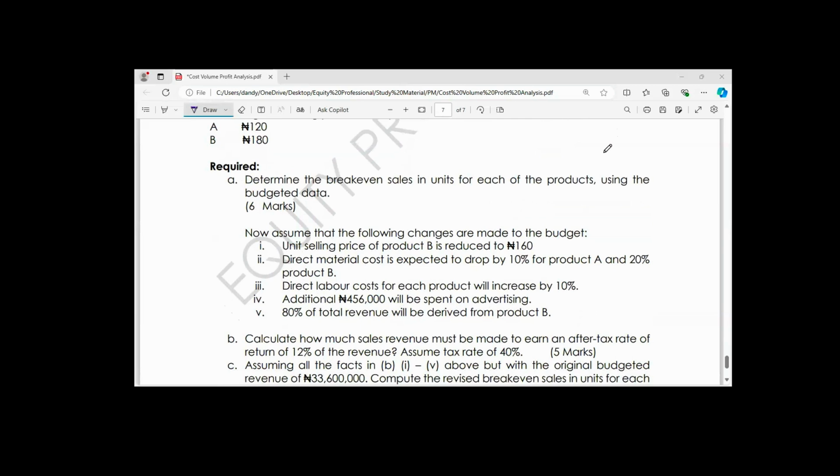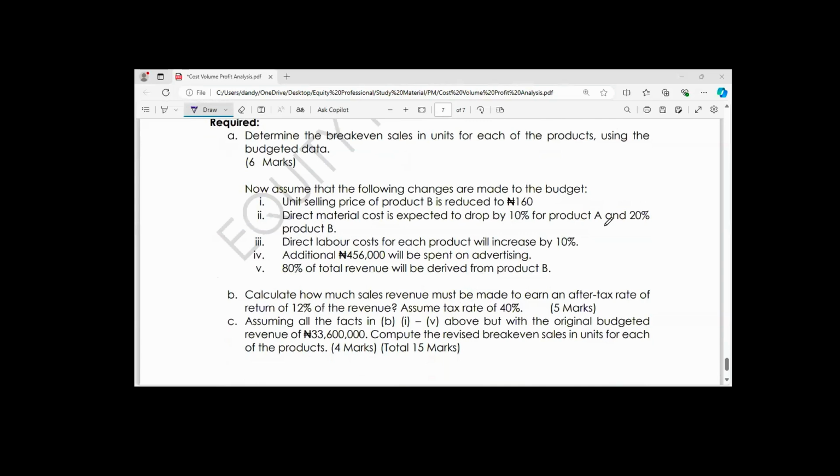Now, assume that the following changes are made in the budget. I, unit selling price of product B is reduced to 160 naira. II, direct material cost is expected to drop by 10% for product A and 20% for product B. III, direct labor cost for each product will increase by 10%.